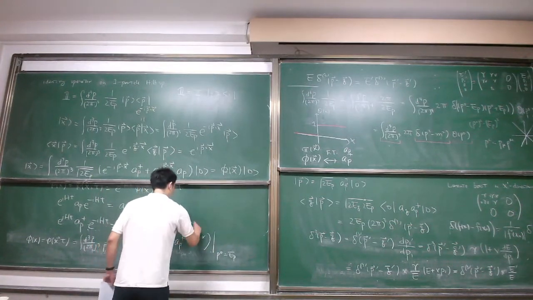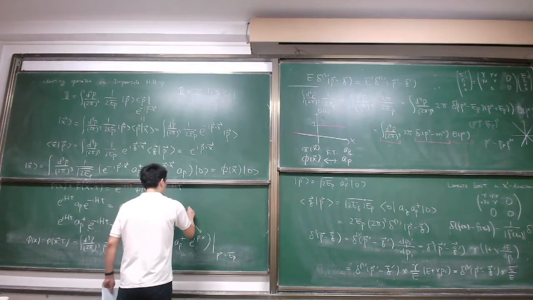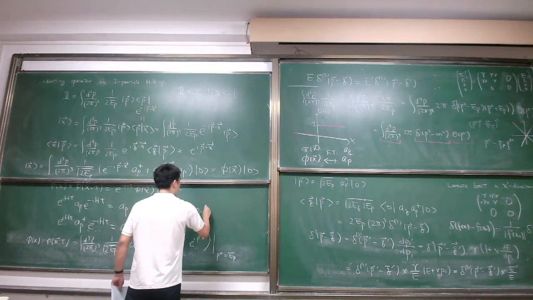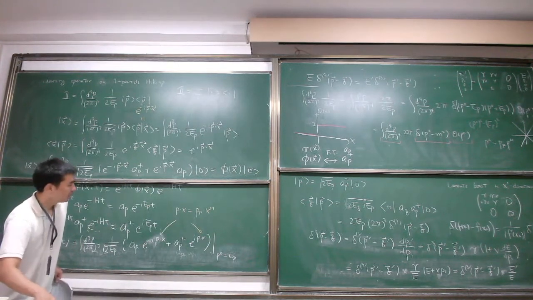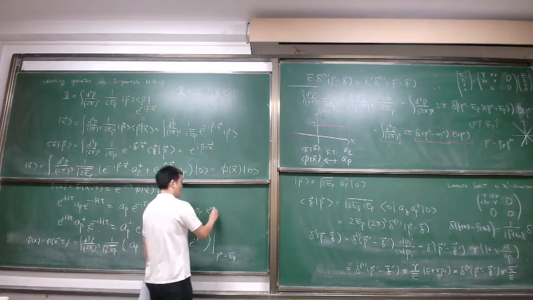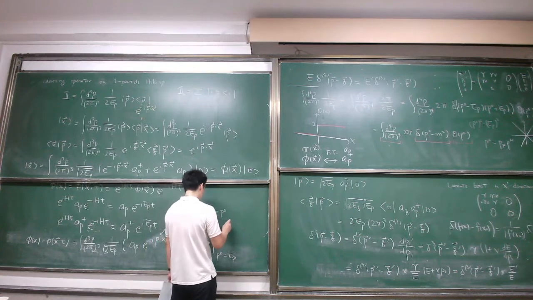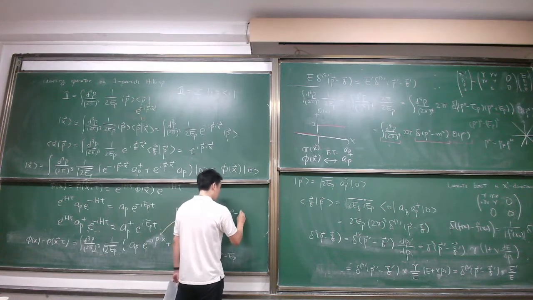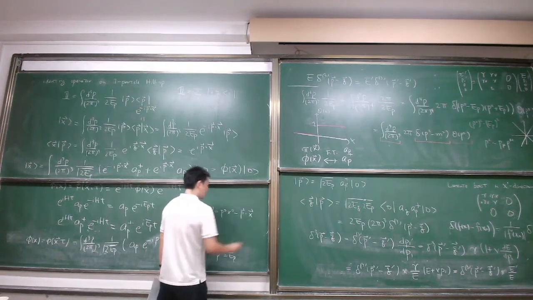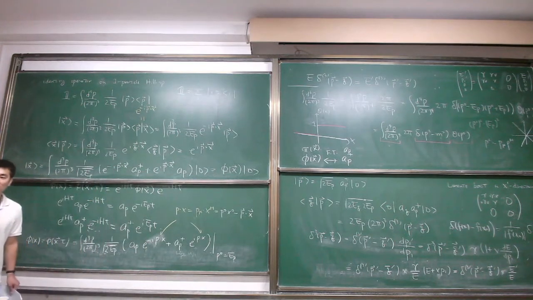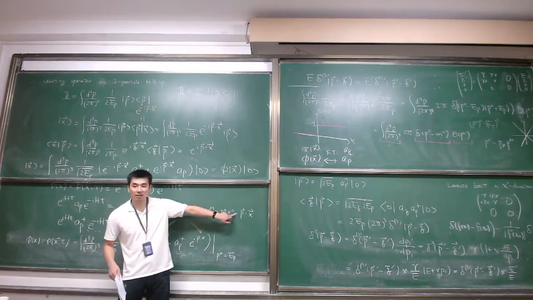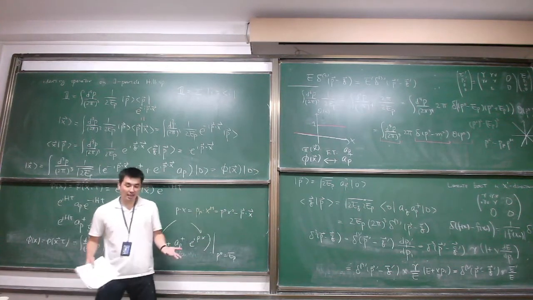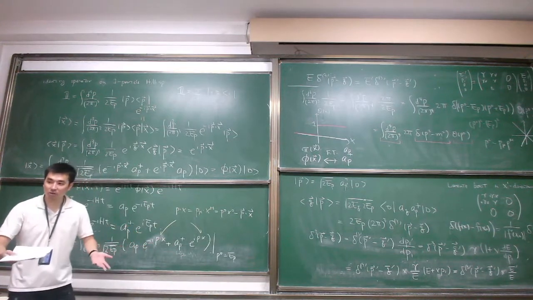This P dot X is just P mu times X mu. And so this is indeed equal to P0 X0 minus P vector dot X vector. So this minus cancels, and the plus sign brings back the original formula.